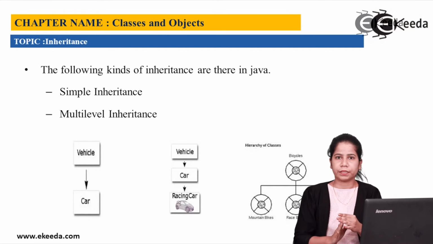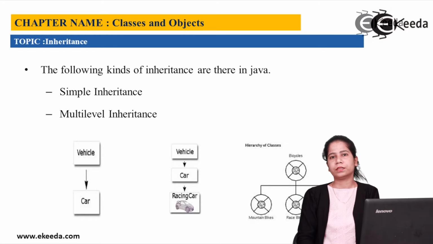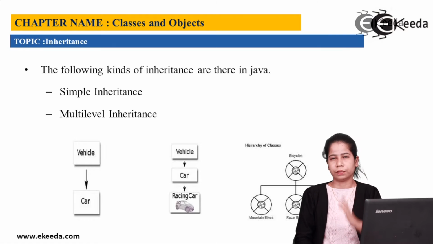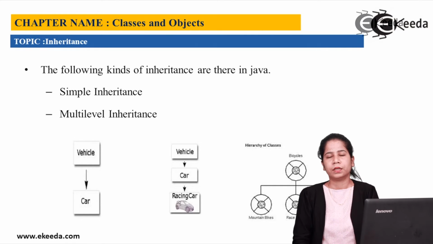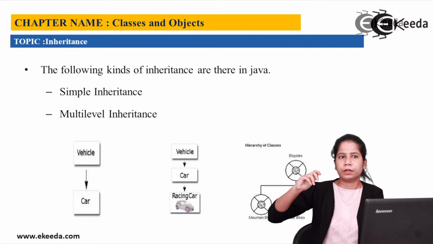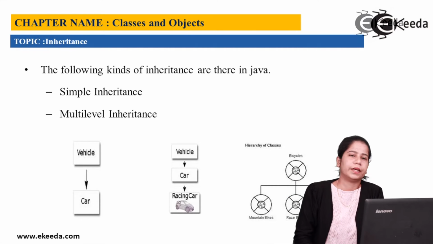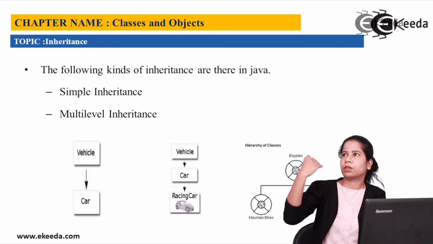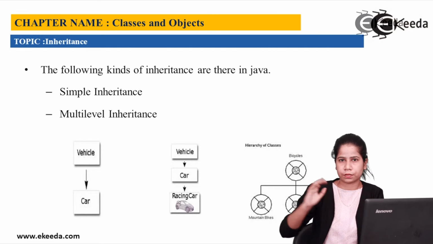Okay, second thing, one type of inheritance which is not supported by Java is something called multiple inheritance. Now, what do you mean by this? Just take an example. Let's say I'm having a class called A, and I'm having another class called B. Both are different classes.